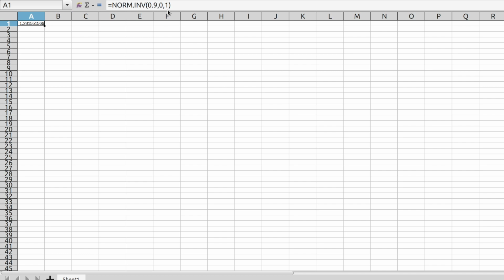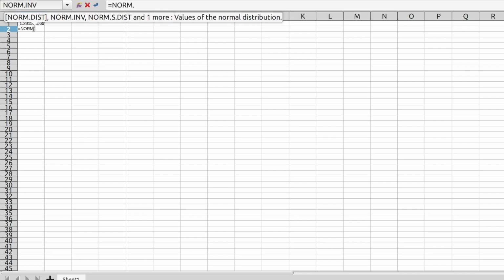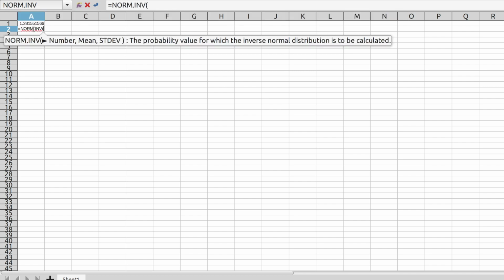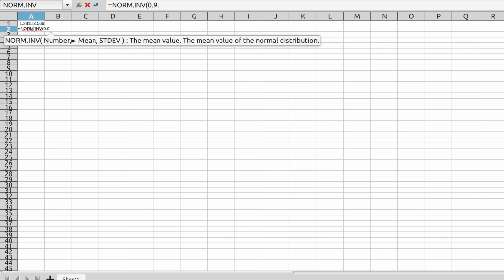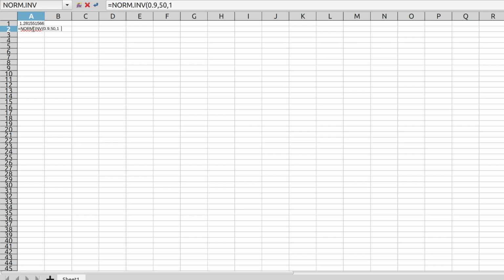Well, I can get this to talk about my actual values. I use the norm inverse, and I want everything up to 0.9, but our mean was 50 and our standard deviation was 10. And there's my 62.81. So the norm inverse function on Excel does the calculation for us.